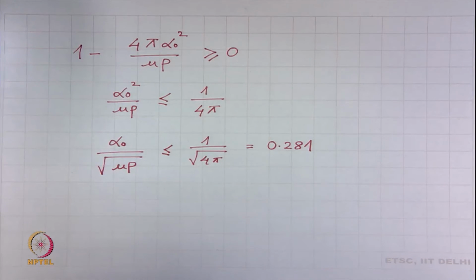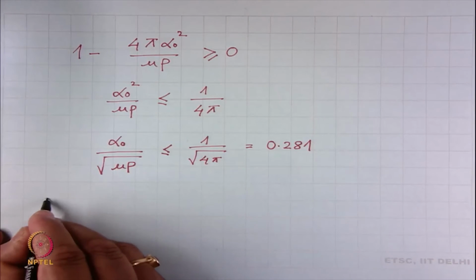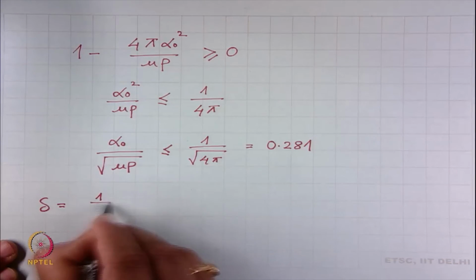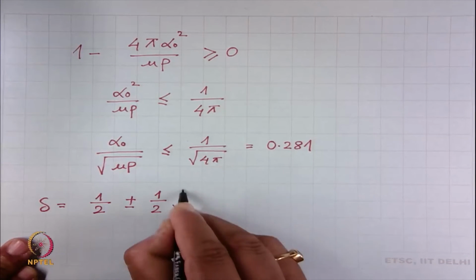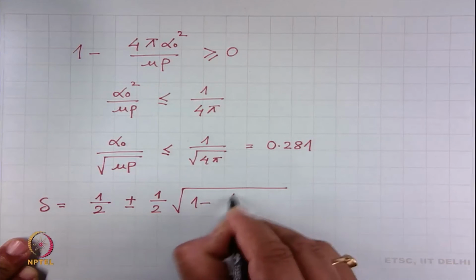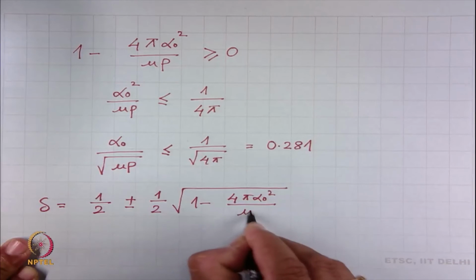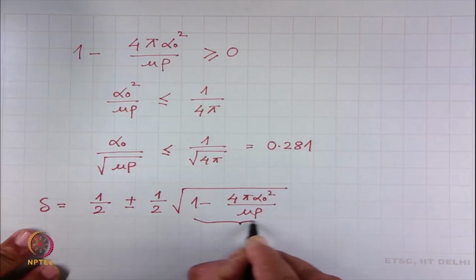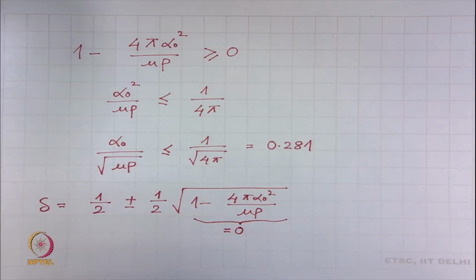Right. Now, if we now substitute 0, then what we will get? Let this quantity is equal to 0. It can be 0 or greater than 0. Let us say the minimum value.